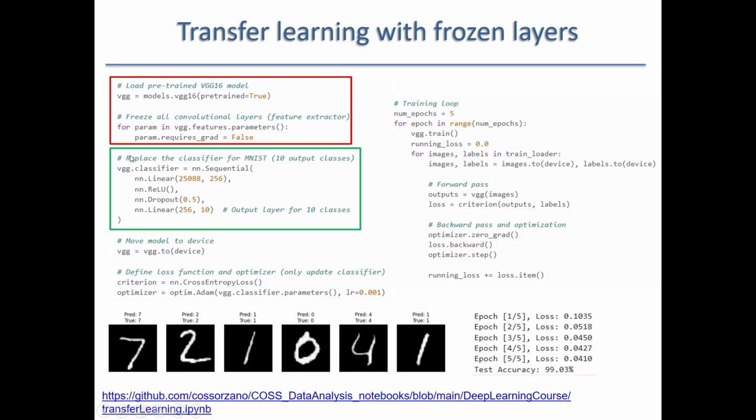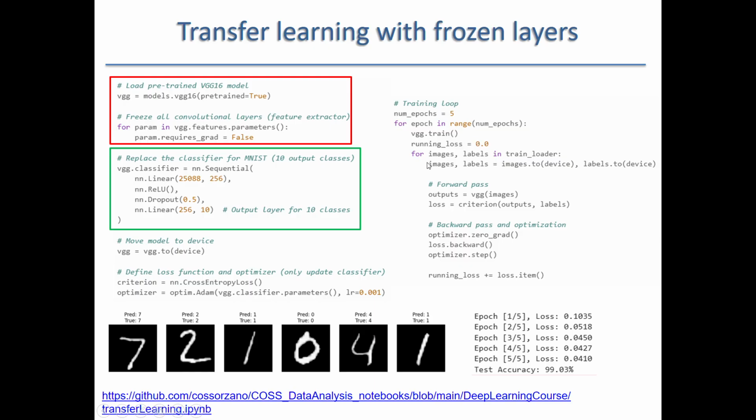This classifier is one of the layers of VGG, so you need to know the internal structure of these objects, but you can load and then explore the objects by yourselves. So you put your architecture for the classifier, and then this is simply defining the cross entropy loss, the optimizer, moving the model to the GPU, and then we train for just 5 epochs.